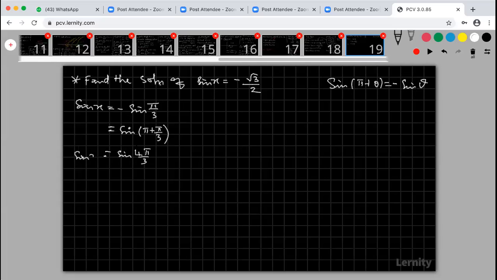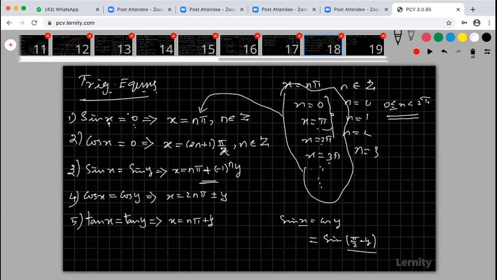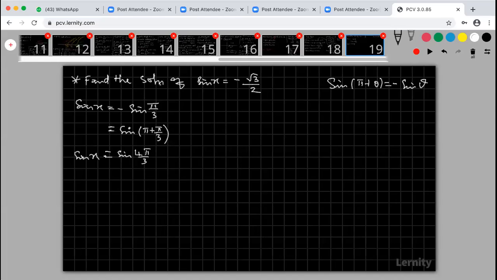Now look at this: sin x is equal to sin y. Sin x is equal to sin y means the solution is x is equal to nπ plus (minus 1) to the power n into y. What is my y here? My y is 4π/3 and my x is x. So the general solution is x is equal to nπ plus (minus 1) to the power n into 4π/3.